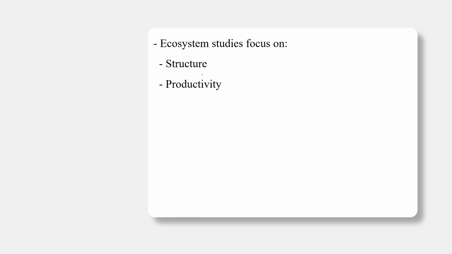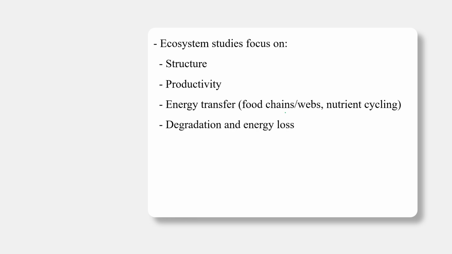Clear? Okay. Ecosystem studies mainly focus on the structure of that ecosystem, productivity of that ecosystem, energy transfer through various food chains, food webs or nutrient cycles, and degradation and loss of energy. Energy loss also occurs from one trophic level to another.